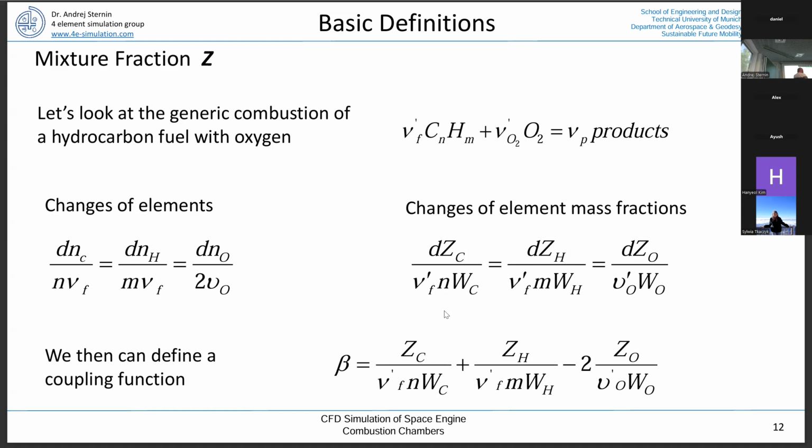And what is done there is to get basically a sort of coupling function with that beta, where we try to combine the element mass fraction of the carbon atom, of the hydrogen atom, and the oxygen atom.